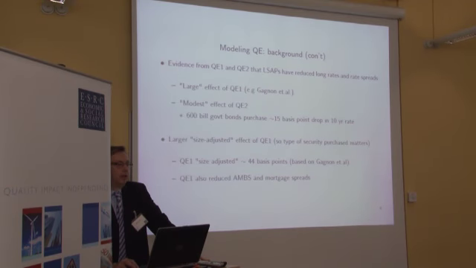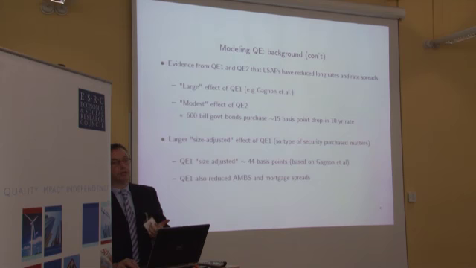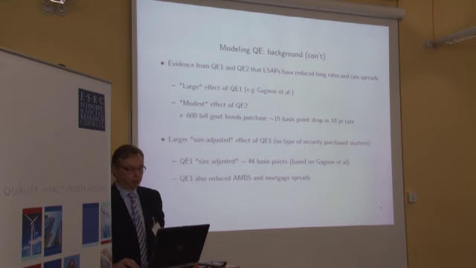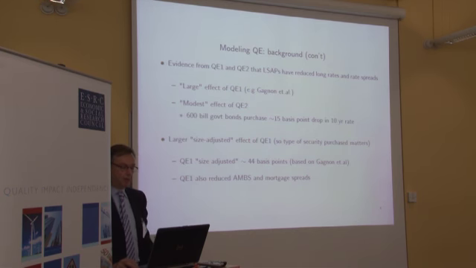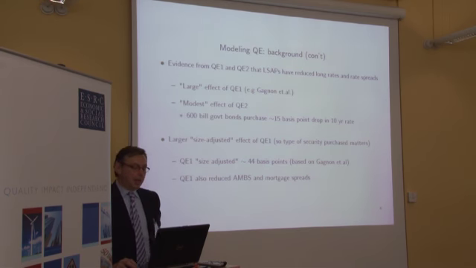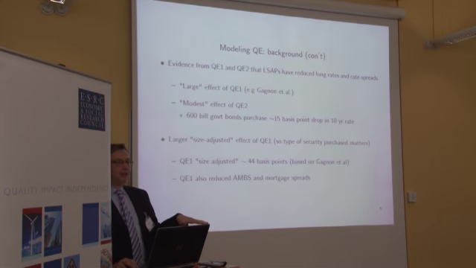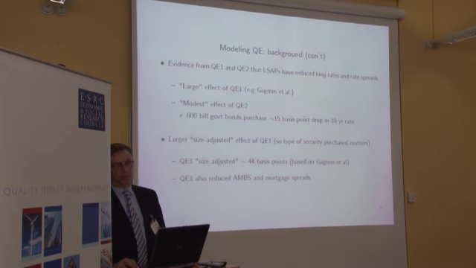Well, first of all, QE1 was conducted in a situation with greater illiquidity in markets, and also the types of securities purchased were different. QE1 focused much more on mortgage-backed securities. And in fact, I think the evidence suggesting a greater impact from purchase of mortgage-backed securities is what led the Fed in the most recent round to focus on mortgages as opposed to long-term government bonds.